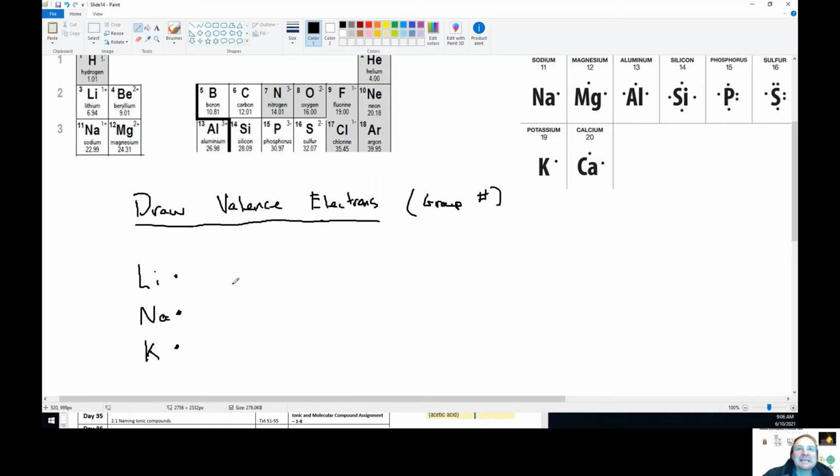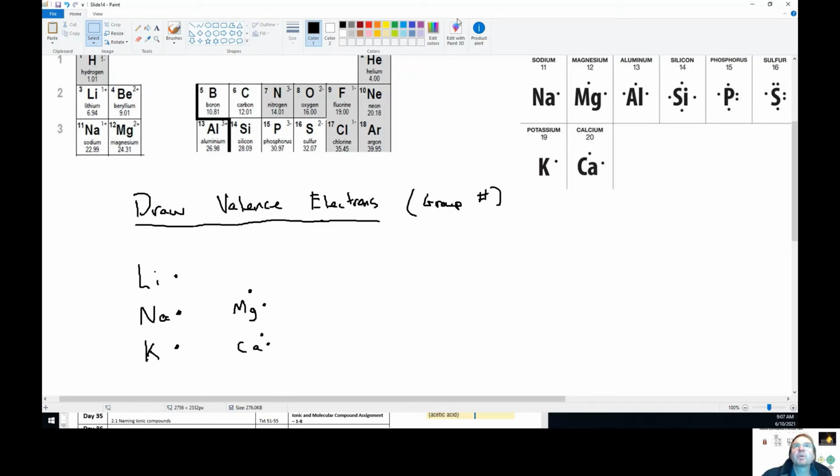Let's do magnesium. Couple little dots. Let's do calcium. Again, just a couple little dots, 2, because they're in group 2. Again, representing the fact that they can give away those 2 electrons.